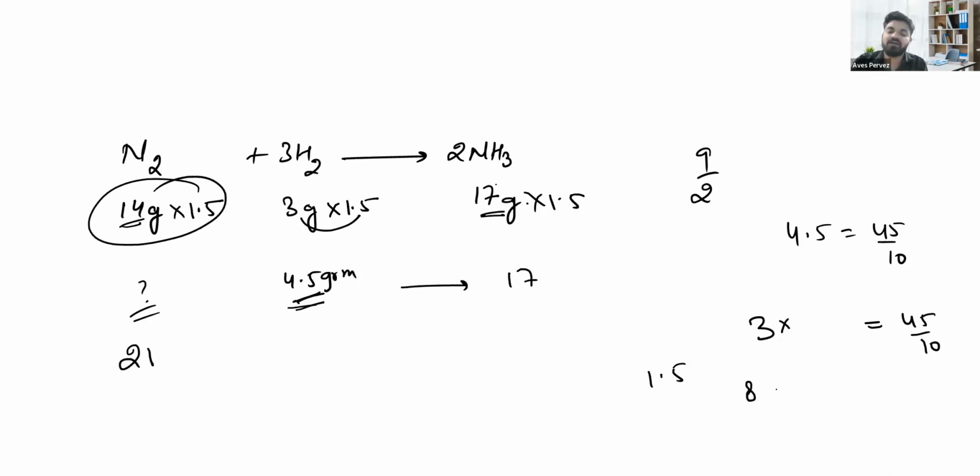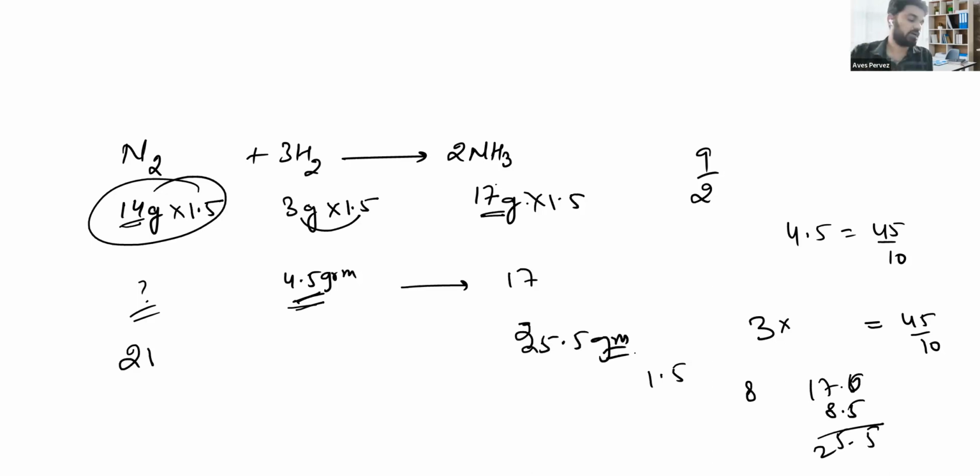So 17 plus 8.5 gives 25.5. Got it? Understood, everyone in the class? Yes, sir.